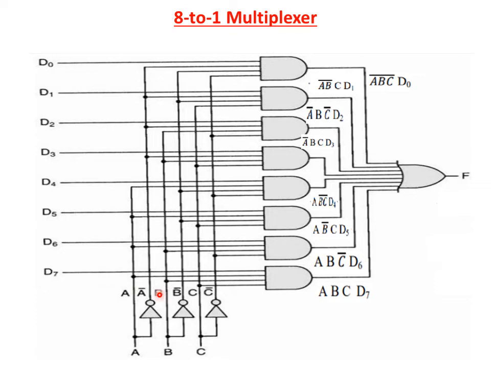Similarly, here we will get B, here B bar, here C, here C bar. So the expression at each AND gate is represented. Then finally all the AND gate outputs are ORed together with the OR gate, and here we will get the final output expression. This way we can draw the logic diagram for 8 to 1 multiplexer.